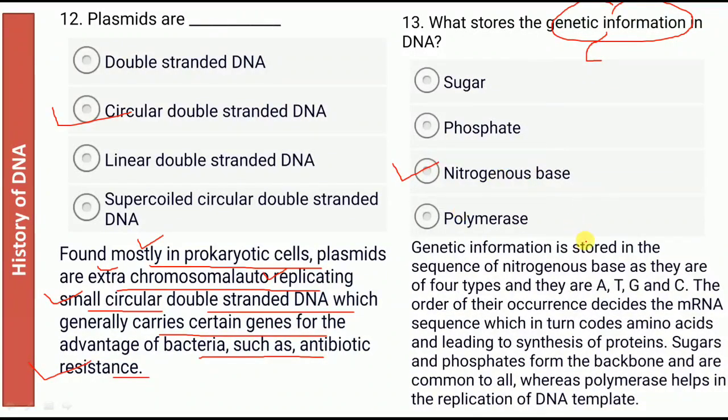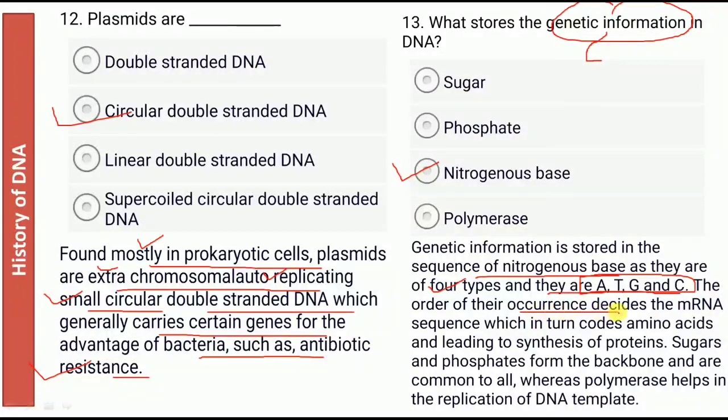Genetic information is stored in the sequence of nitrogenous bases, as they are of 4 types: A, T, G, C. Because they are of 4 types, they decide what the genetic information is.